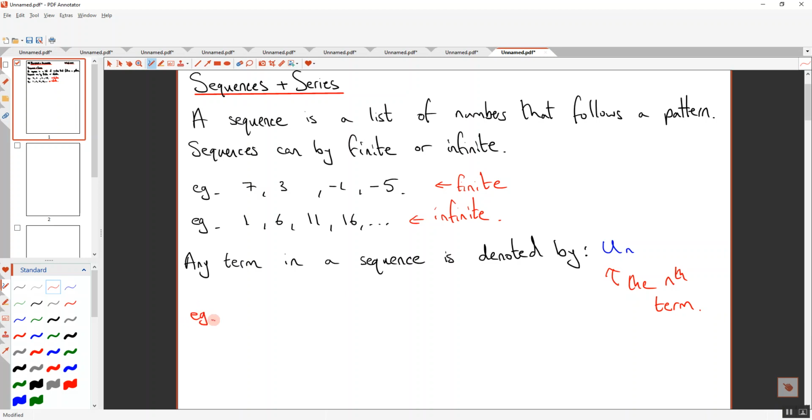So for example, who wants to give me a sequence? 2, 4, 6, 8, 10. Let's make it infinite. So 2 is the first term, so that's U1. 4 is the second term, which is U2.